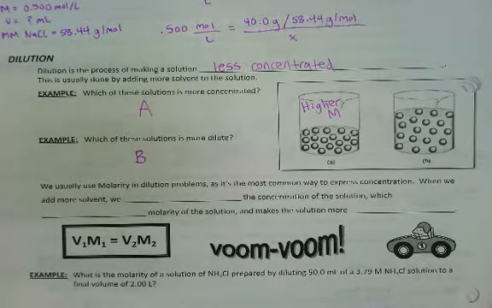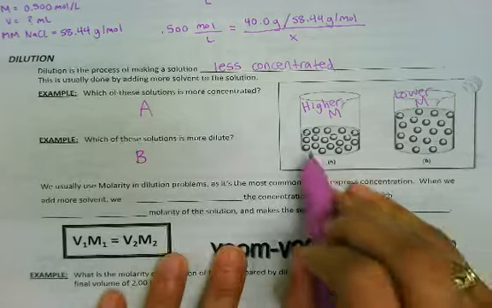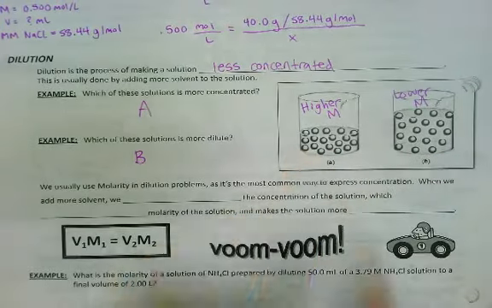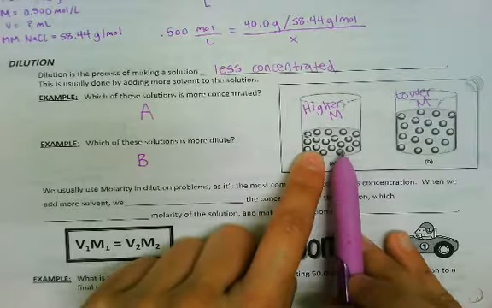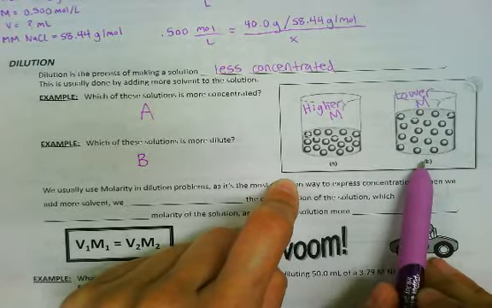The more concentrated, the higher the molarity. This one's going to have the lower molarity. Typically you can adjust the concentration of something by changing something about the solute or the solvent. What does it look like we did from A to B to make this more dilute?